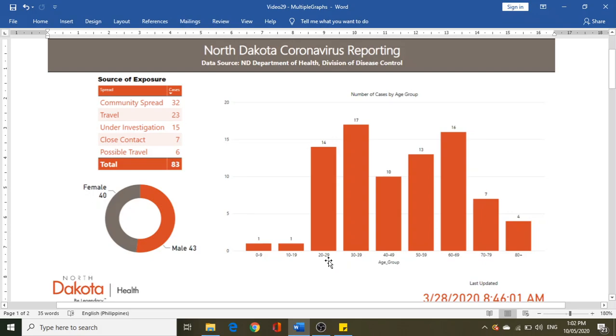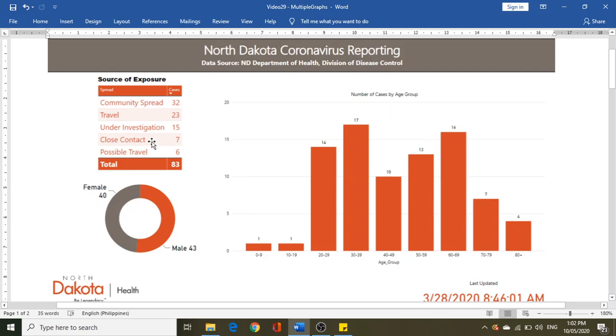It can be seen that the majority of transmissions were either through local community spread or through travels conducted by its citizens, with the ratio of infection not discriminating between genders, and the biggest age profile belonging to two brackets, the 30 to 39 year olds and the 60 to 69 year olds.